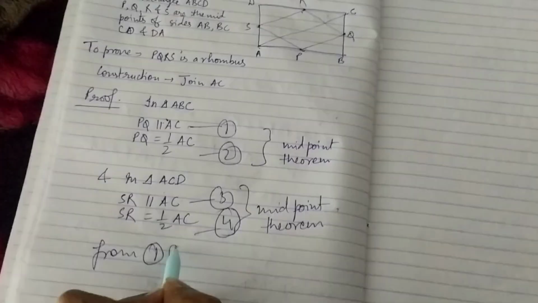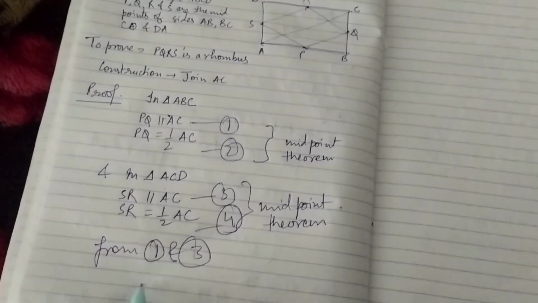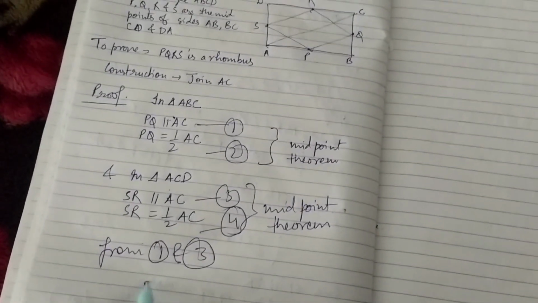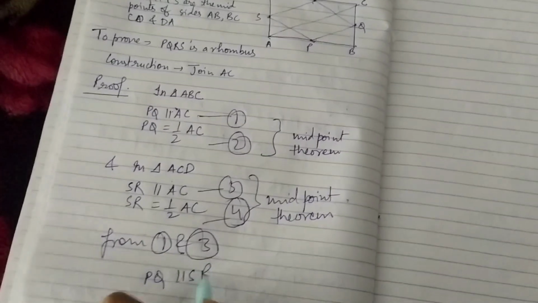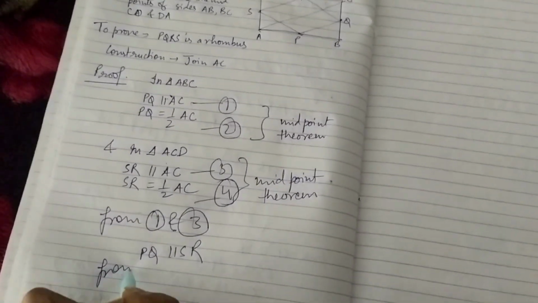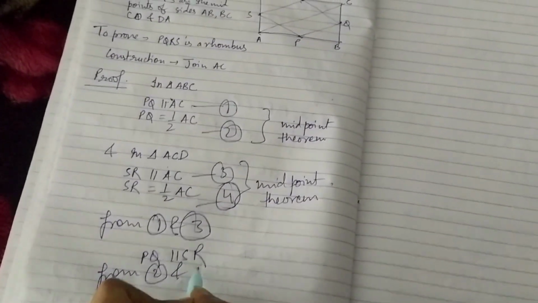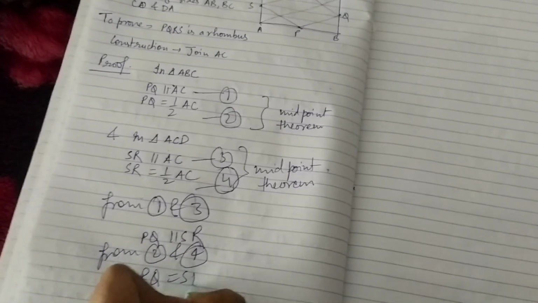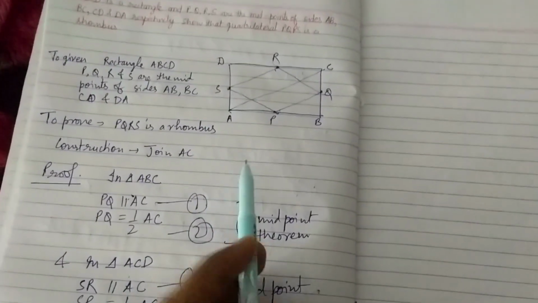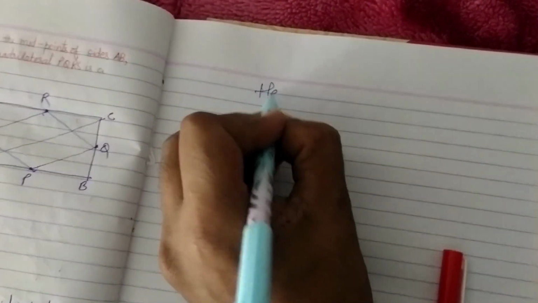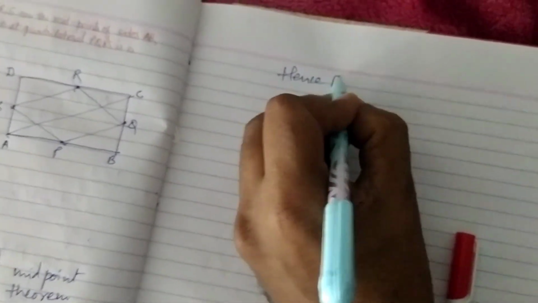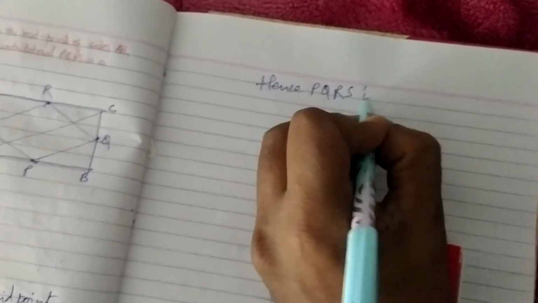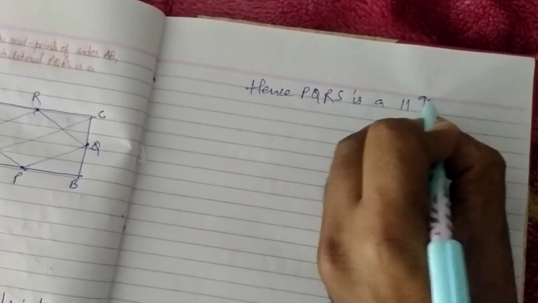From 1 and 3, PQ will be parallel to SR, from second and fourth PQ will be equal to SR. So they are parallel and equal, and hence PQRS is a parallelogram.